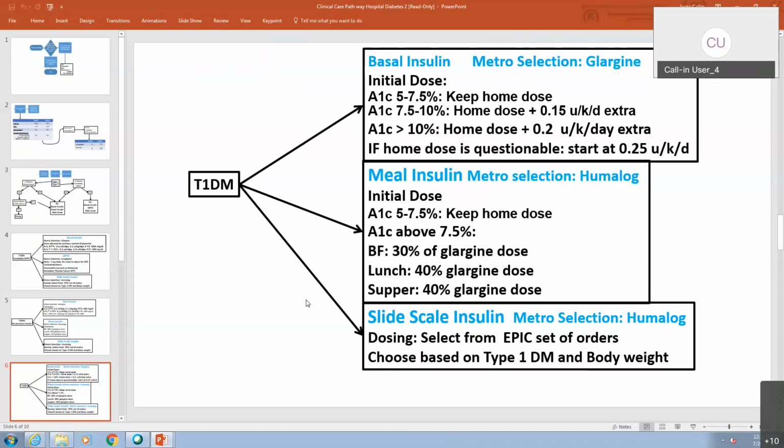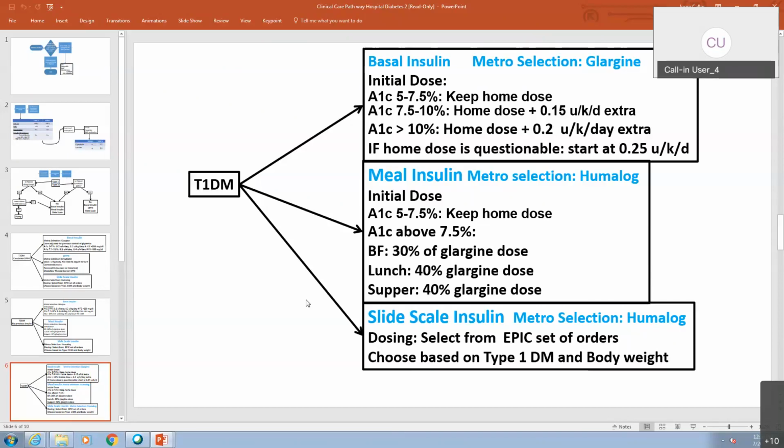So the sliding scale is the stupidity factor. It is the amount of insulin that you didn't dare to calculate or give to the patient, but you reserve it just in case the sugar is too high, right? That's what a sliding scale is.